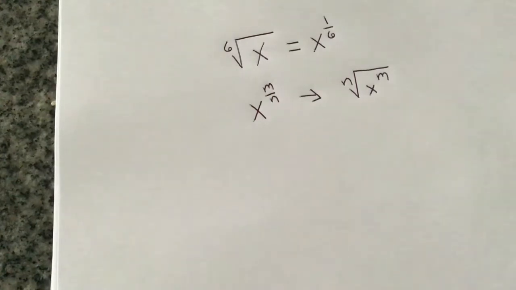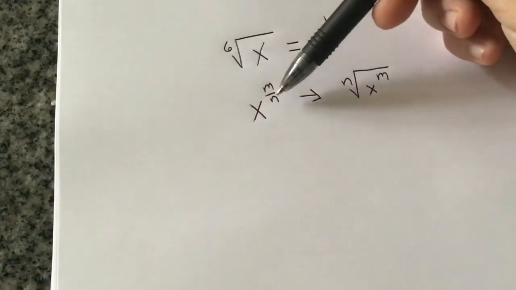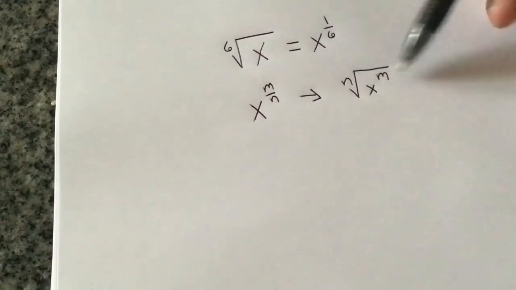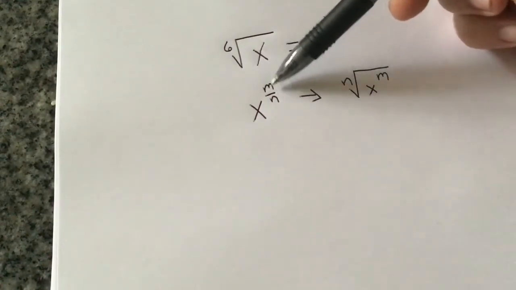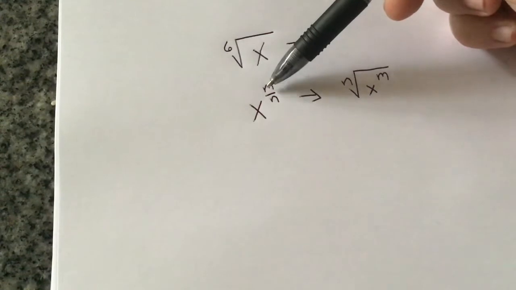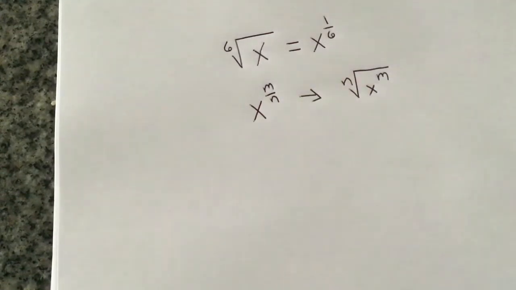Here's what I like to think personally. The denominator of the fraction comes around and makes a root. And then the numerator of the fraction just kind of falls down to be the exponent to the original base, or the original number that we had there. So we're going to do a couple examples of this.